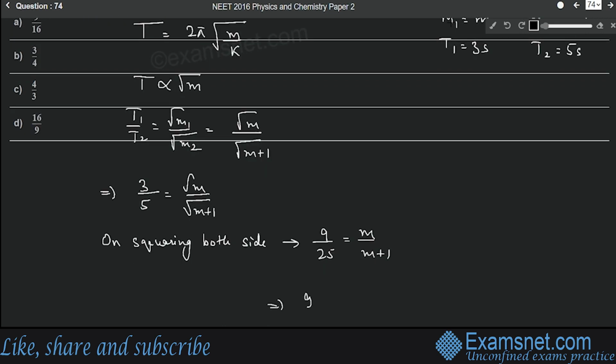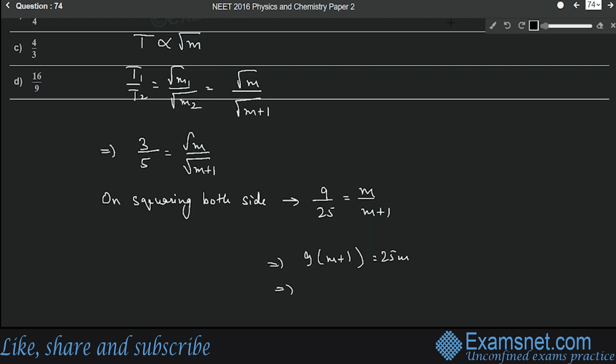So we'll get 9 into m plus 1 equals 25m. So 9m plus 9 equals 25m. So 25 minus 9m, that means 16m will be equal to 9. So what will be the value of m? It will be 9 by 16 kg. So this is the value of mass in kg, that means 9 by 16.